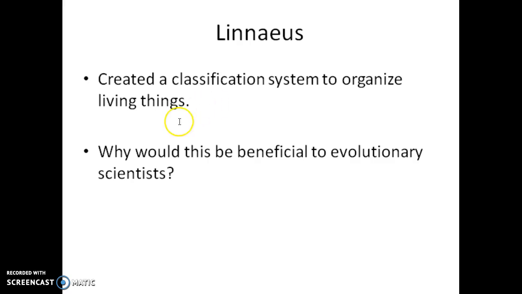But I guess more importantly, why would it be beneficial to evolutionary scientists to organize living things? Well, the main idea would be to compare. We can compare things a little bit better if there's some kind of organization or order within it.